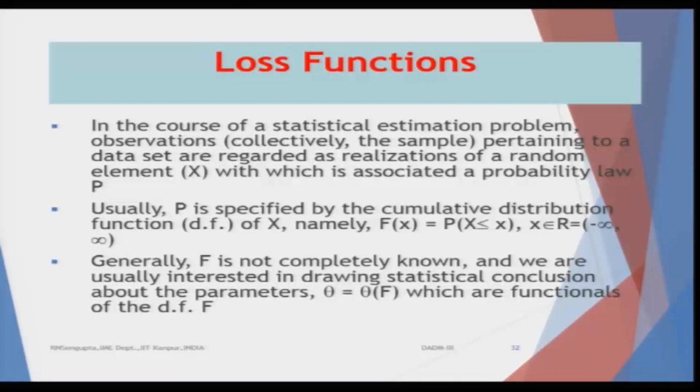So, whenever you are collecting a sample pertaining to a data set, you will consider that there is a realization of those values, and I have already discussed that in DADM 1. The realization of the values means that there is a random variable. We are trying to understand that the actual value based on which you will try to predict or forecast would be the realized value.